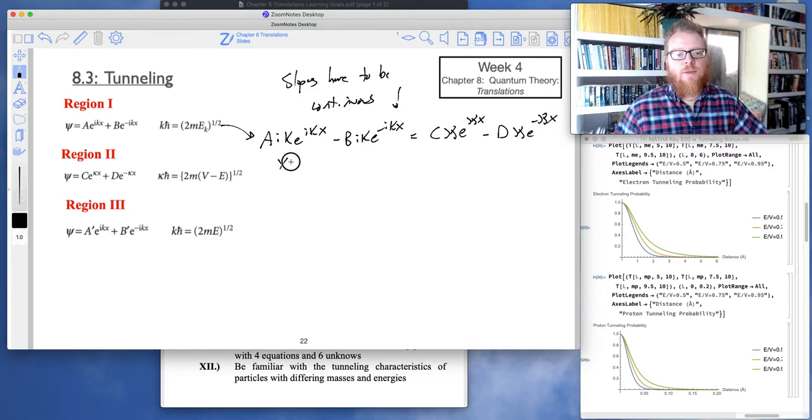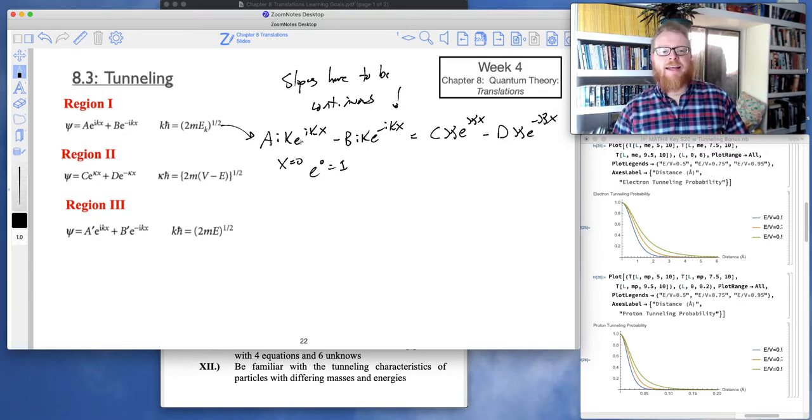So we remember that we've defined that position to be x equals 0. And remember, e raised to the power of 0 equals 1. So now all of my e's, when I place in a value of 0, are going to go away.